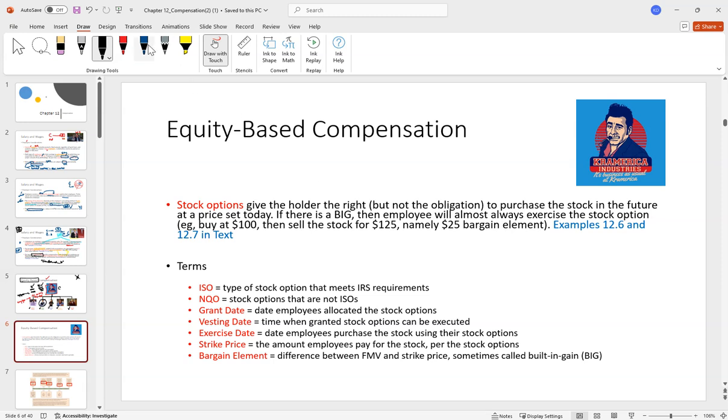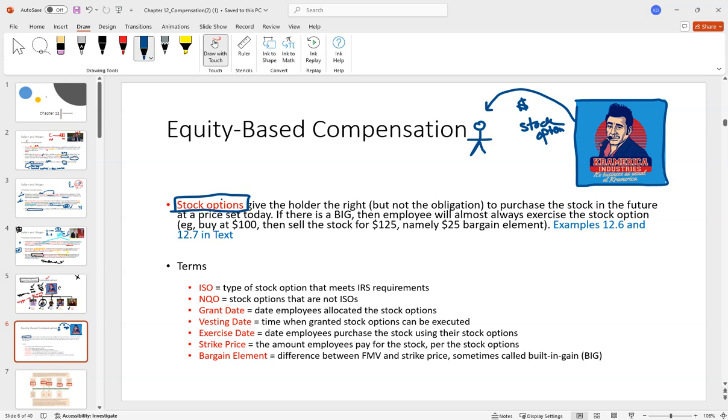First off, let's talk a little bit about a stock option. We have the business, the C Corp. They want to pay their employees. We said one thing they can do is give them cash. Another way they can compensate them is give them a stock option, or stock.